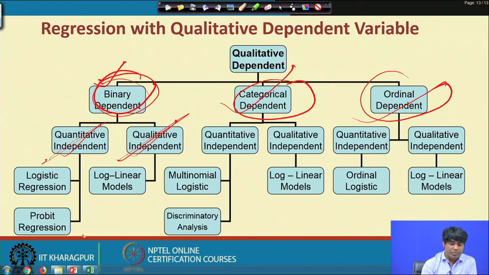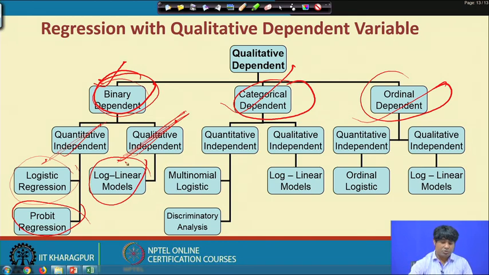If it is quantitative independent, it may follow logistic regression, and it can also follow probability regression. Similarly, in the case of qualitative independent, the form of the model will be log linear models, which we have already discussed. That brings different forms of nonlinear regression modeling, and the entire structure of nonlinear regression modeling can be summarized here.